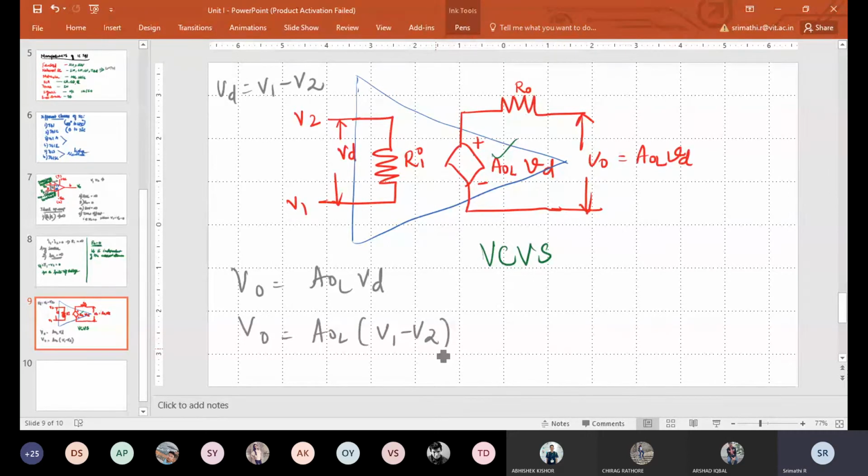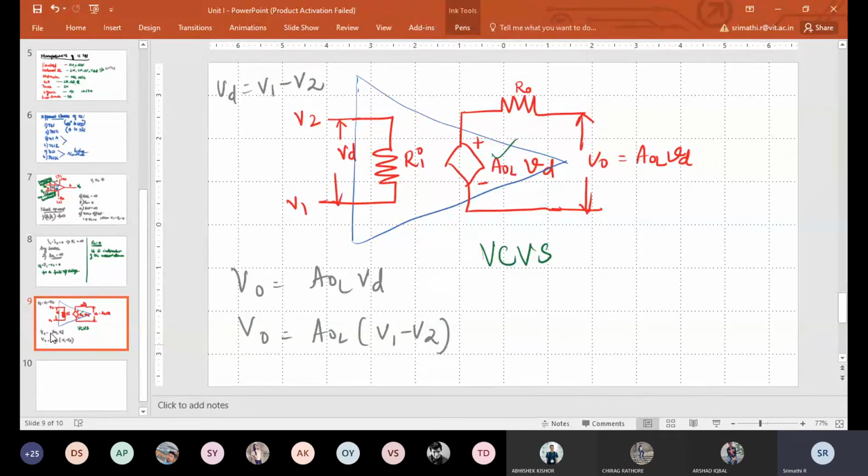So now the open loop operation of the op-amp. To analyze the open loop operation, either you will be giving input in the positive terminal, or in the negative terminal, or in both the terminals. If you give input in both the terminals, that will act as a differential op-amp. Op-amp is otherwise said to be operational amplifier.